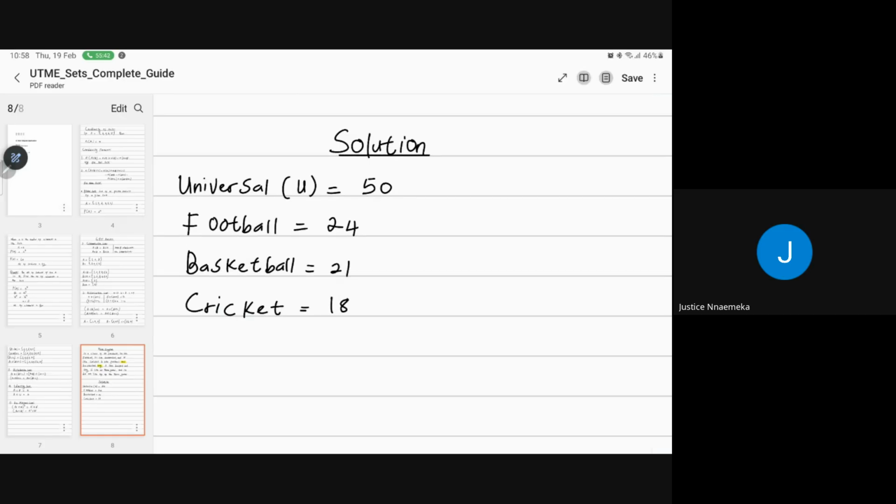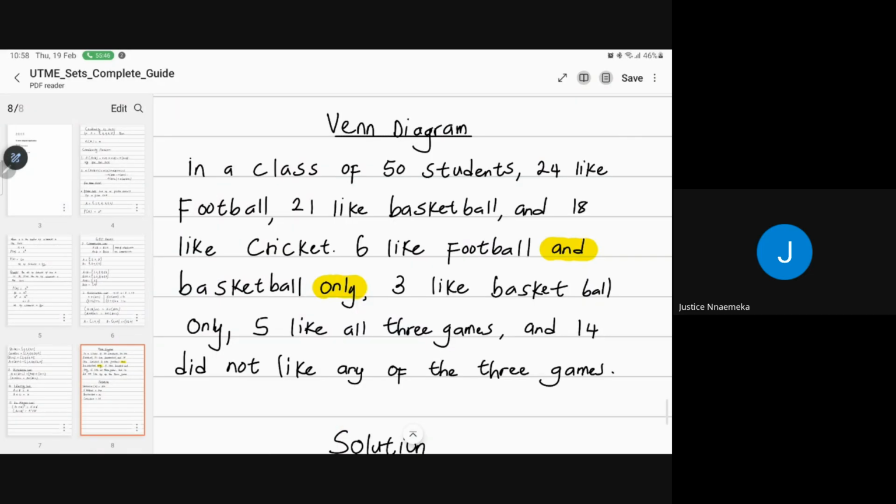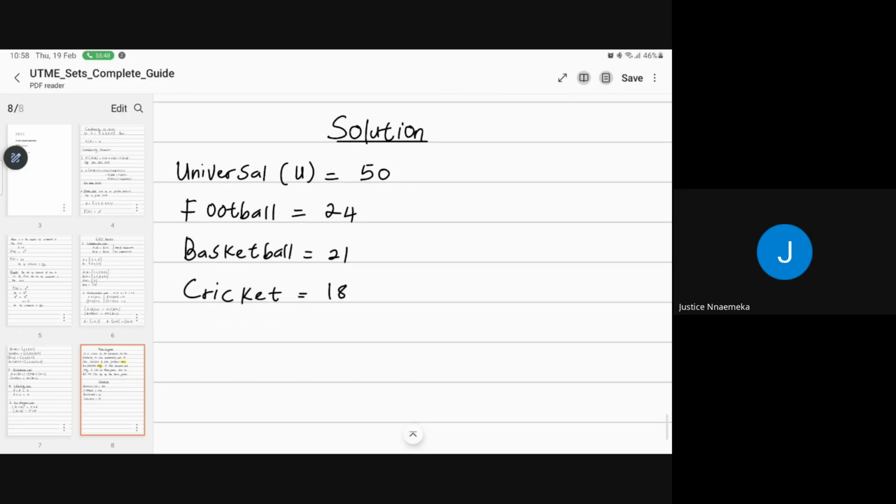Now, it didn't end here. They went ahead to say that 6 like football and basketball. Remember that and simply means an intersection.